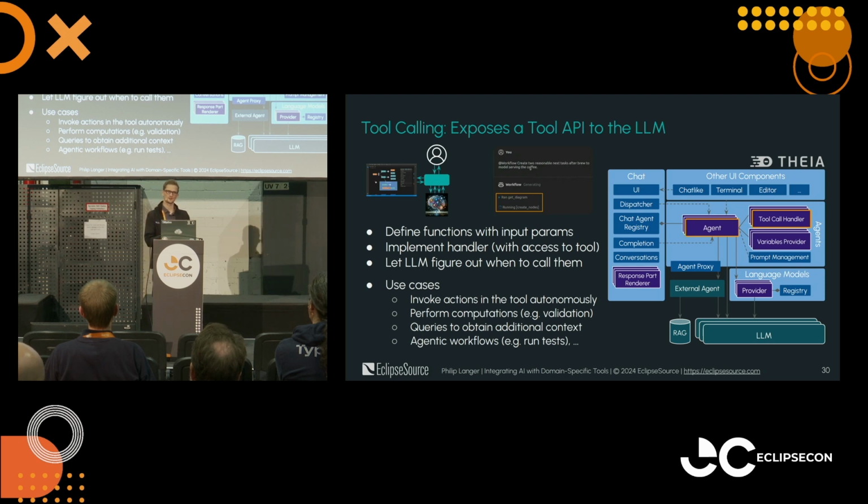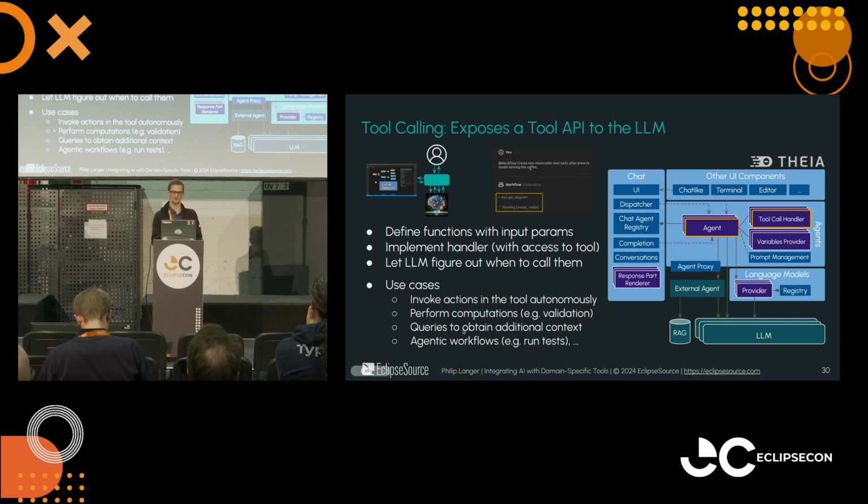That's super powerful, of course, but you also need a very capable model that is able to do that. Essentially you define a set of functions with input parameters, which are described in natural language so that the LLM knows when to call them. Then you register a handler in your tool, in your agent, that does something when this function call happens, and then you produce an output that goes back to the LLM.